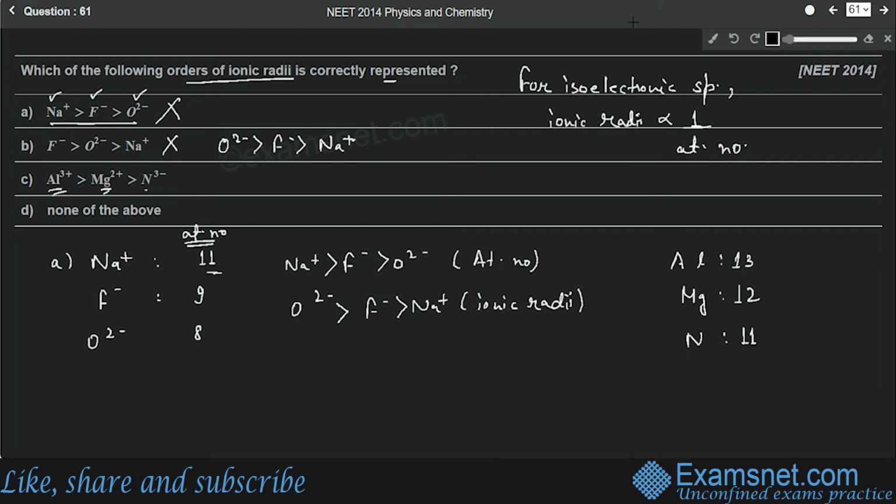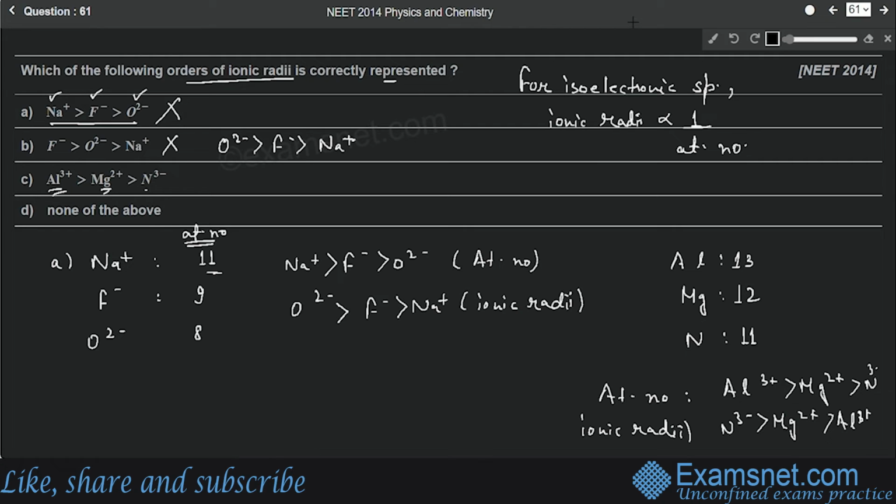So if we arrange in decreasing order of atomic number, the decreasing order will be aluminium, then magnesium and then nitrogen. Okay, this is the decreasing order of atomic number. So what will be the correct order of ionic radii? Just the reverse of this, that means N3 minus, then Mg2 plus and then Al3 plus.